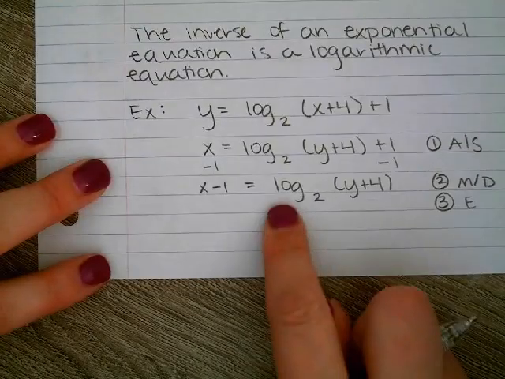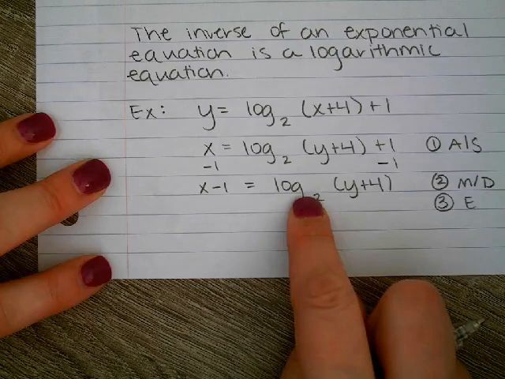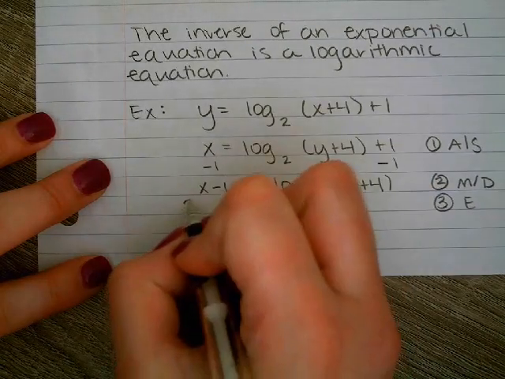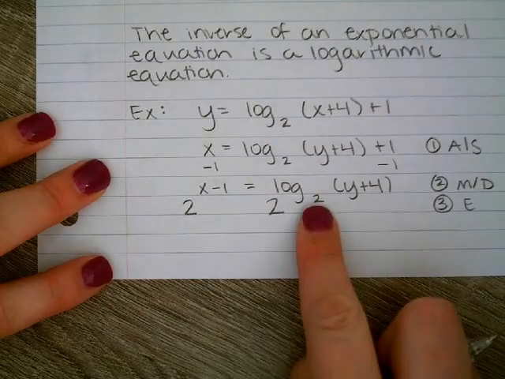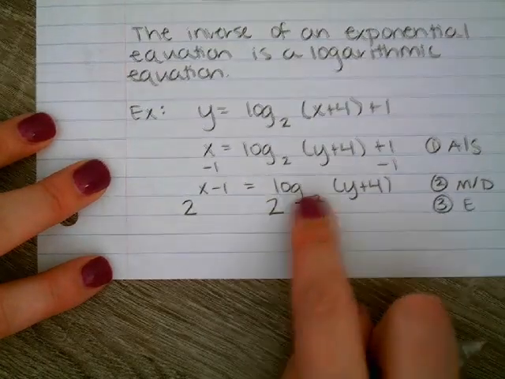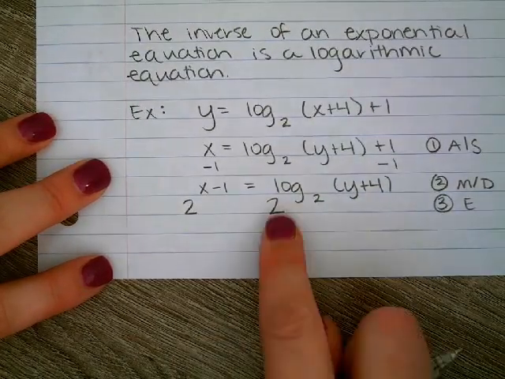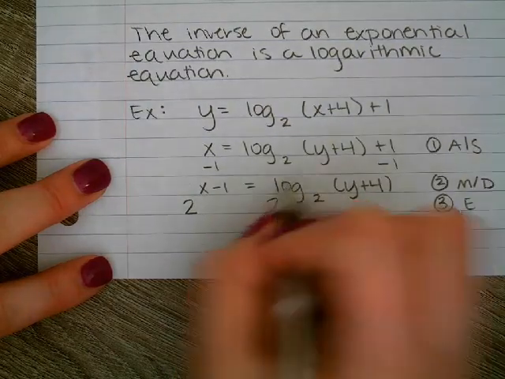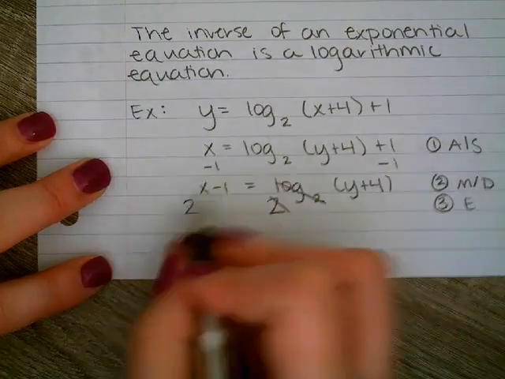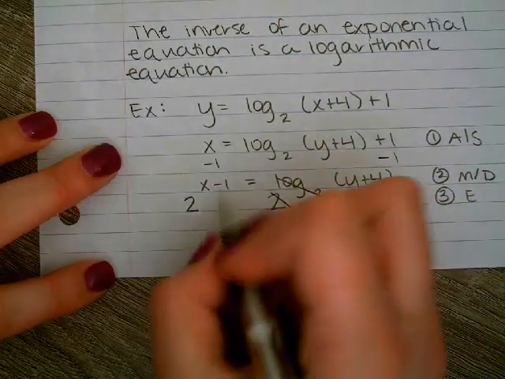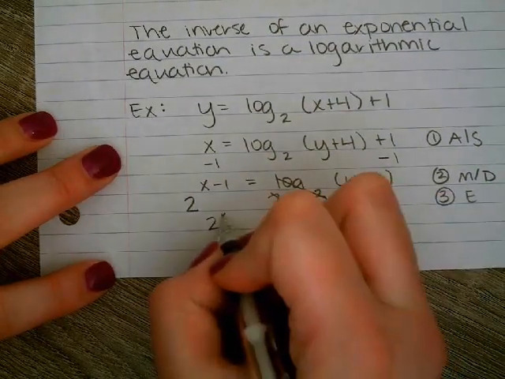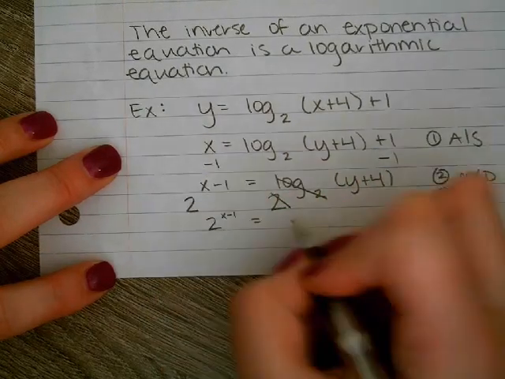So over here, if I take 2 and I raise it to an exponent, 2 to the x minus 1, 2 to the log base 2. So this is the base, this is the exponent. We have the bases kind of canceling out again. So they cancel out. So I have 2 to the x minus 1 equals y plus 4.